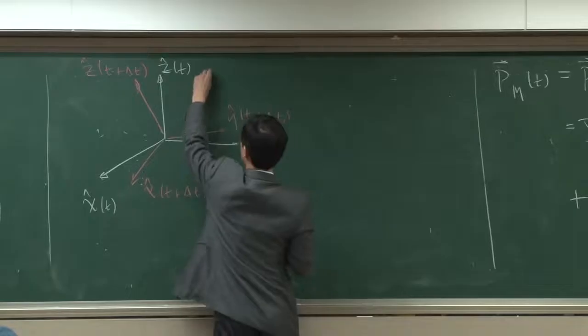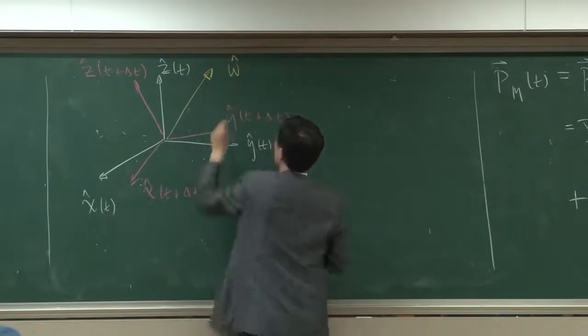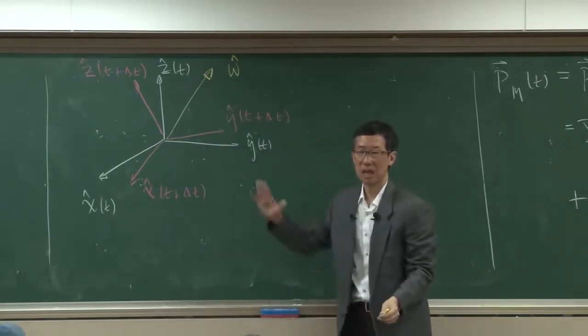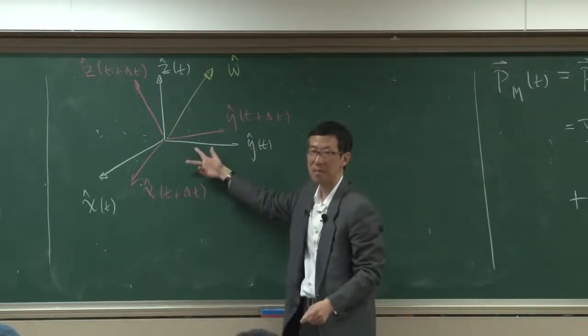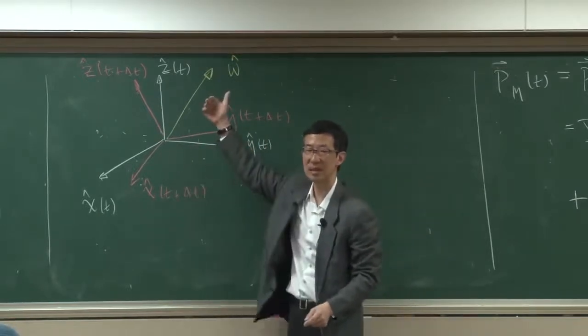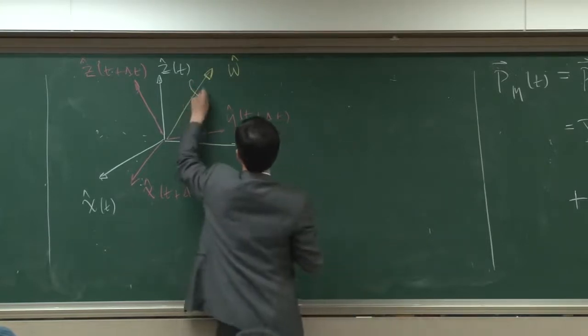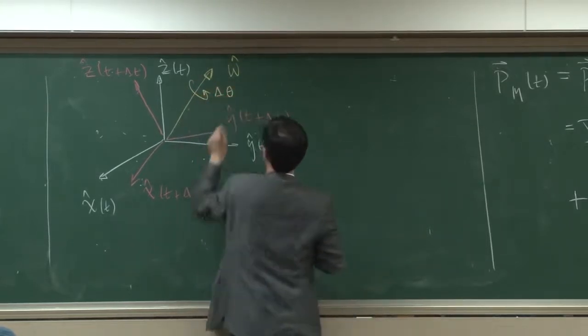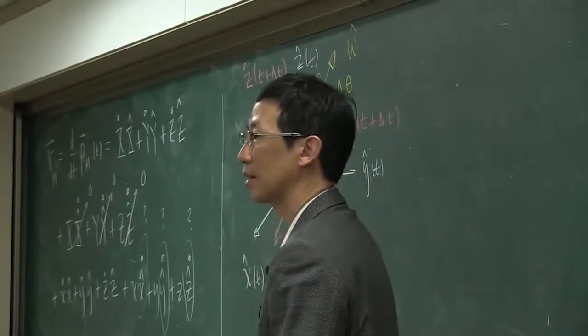So we can find this axis. And we rotate this white frame around this yellow axis by some angle. Let's call it delta theta.